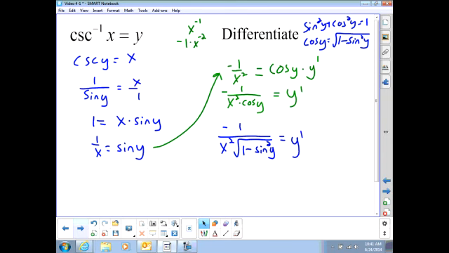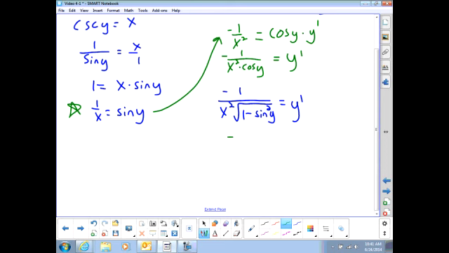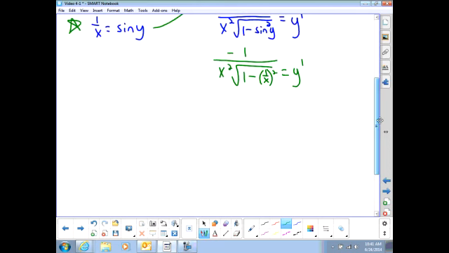We still haven't gotten rid of the y yet, but we know from over here that sine y is just 1 over x. So we'll now have negative 1 over x squared square root of 1 minus 1 over x squared equals y prime.